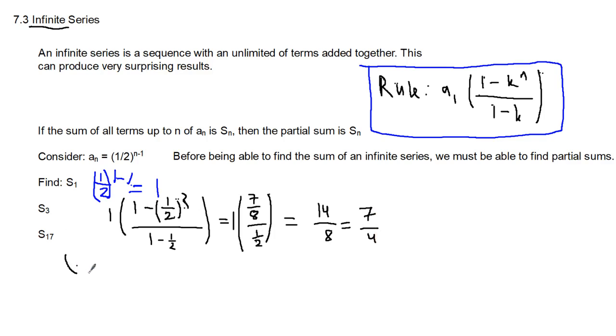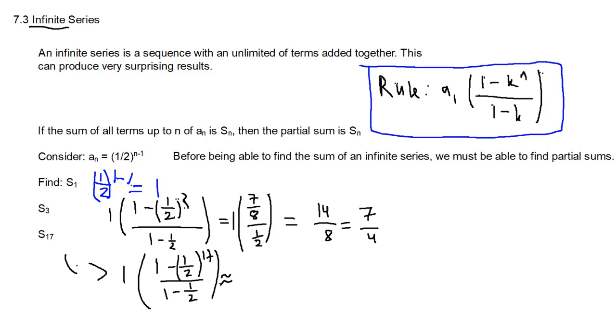S of 17, well, let's work it out. 1 times 1 minus 1/2 to the 17th power. I can't calculate 1/2 to the 17th power in my head, but I can tell you it's about 0.0000008 or something.